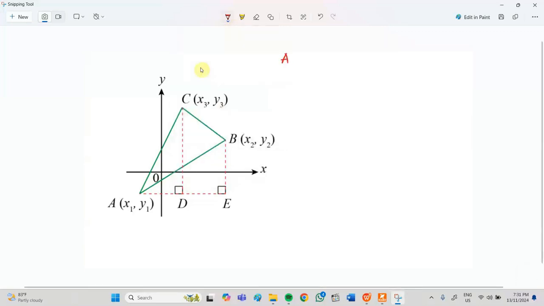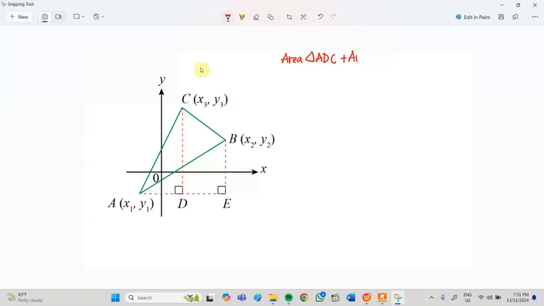So we start off by finding the area of triangle ADC, and then we add the area of trapezium CBDE. Then we subtract the area of triangle ABE.